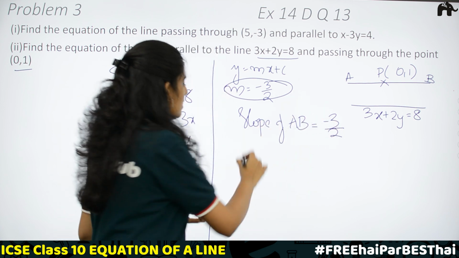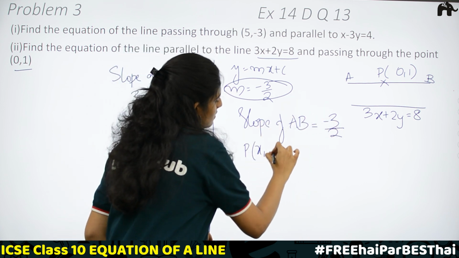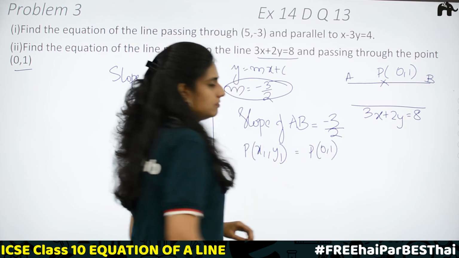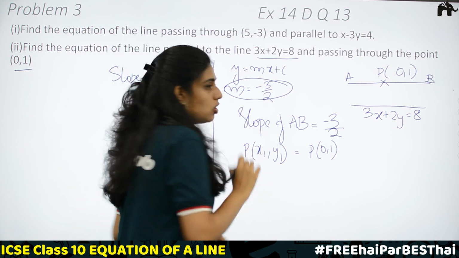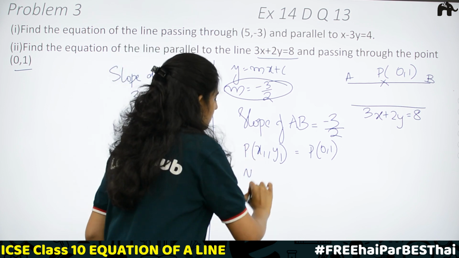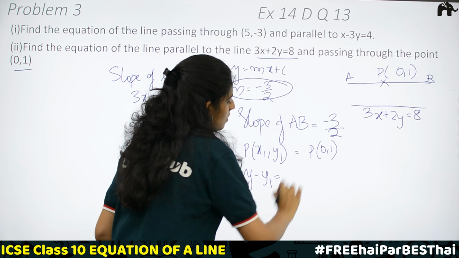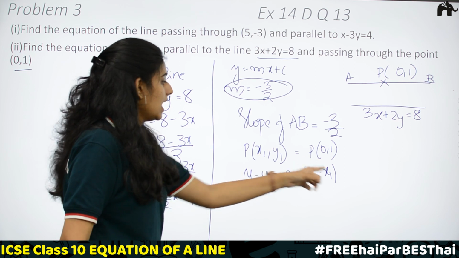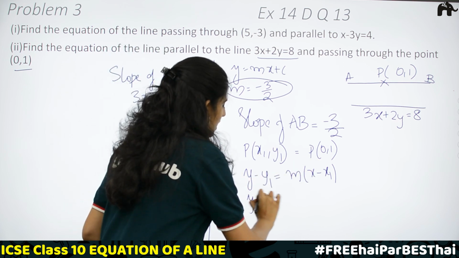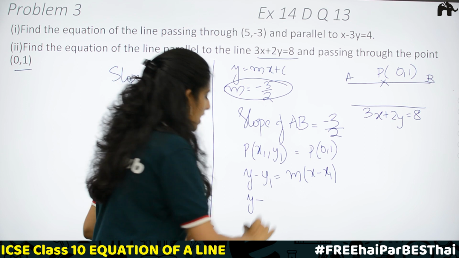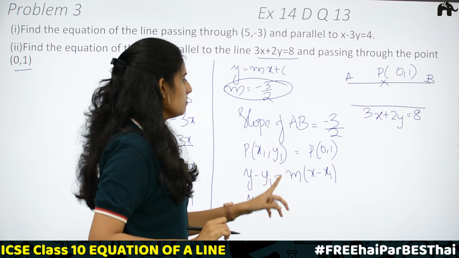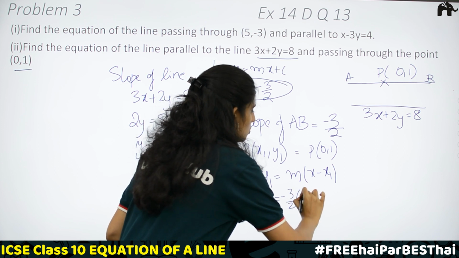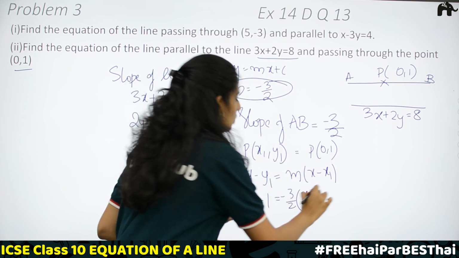A point is given. So, P x1, y1 is equal to P 0, 1. Now take the point slope form, that is y minus y1 is equal to m into x minus x1. Substitute the values of m, x1 and y1. We get y minus y1, which is 1, is equal to, here m is the slope and that is equal to minus 3 by 2, into x minus x1, which is 0.